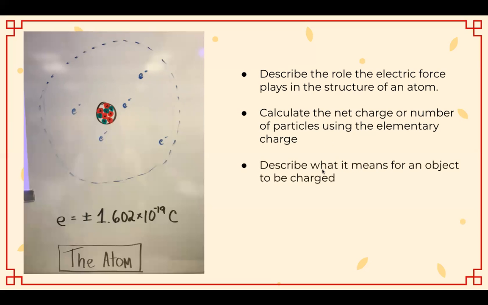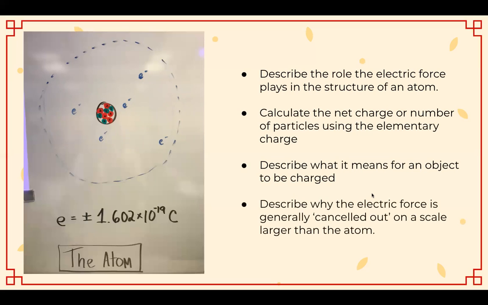In general, be able to describe what it means to be positively or negatively charged. Positively charged means you have more protons than electrons. Negatively charged means you have more electrons than protons. And that's why generally the electric force cancels out for macroscopic objects. Because me and my coffee mug and my car all are approximately neutral.